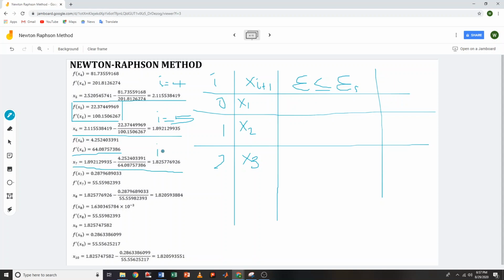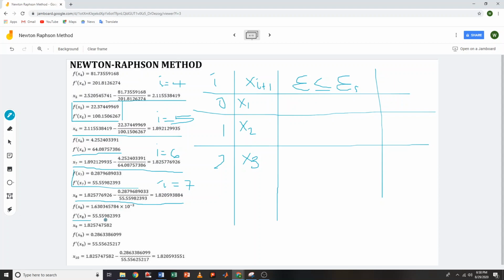As you noted and observed here, the values we get for x6 and x7 are merely the same. Again, continuing this process, f of x7, f prime of x7, using this value we get, we also get x8. Okay, so x8 using now i equal to 7.